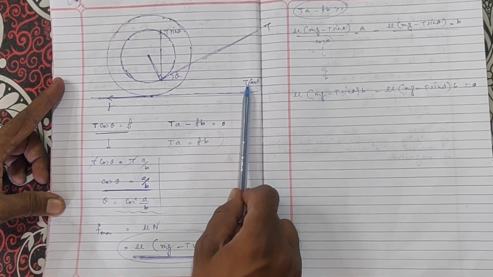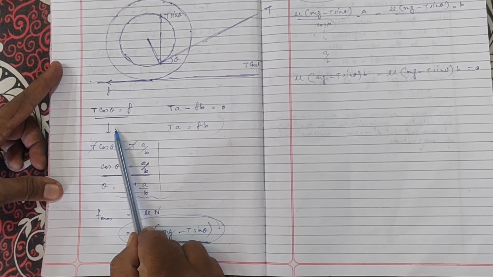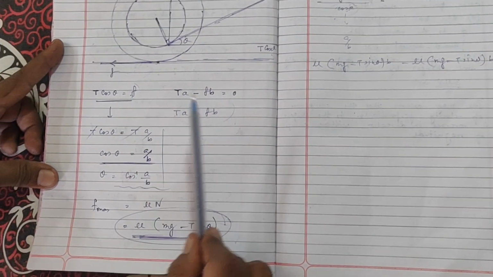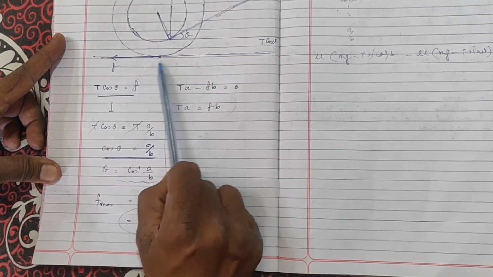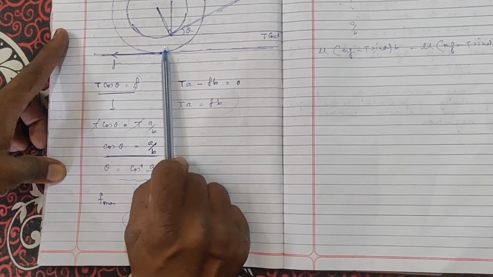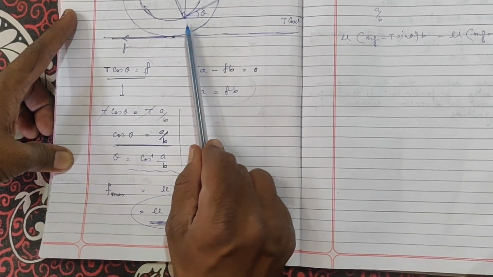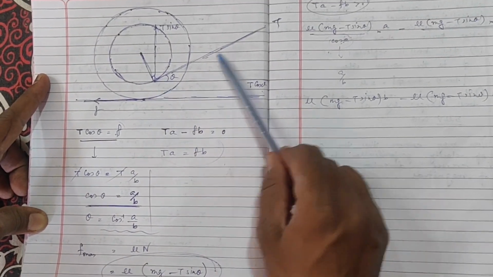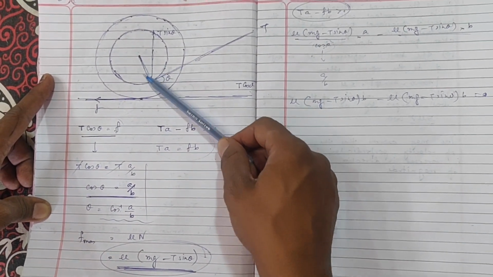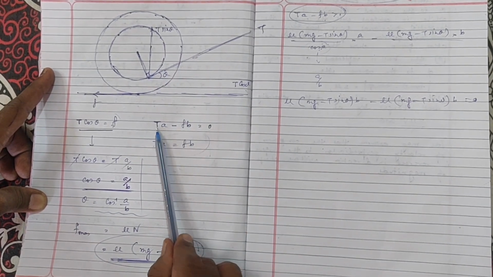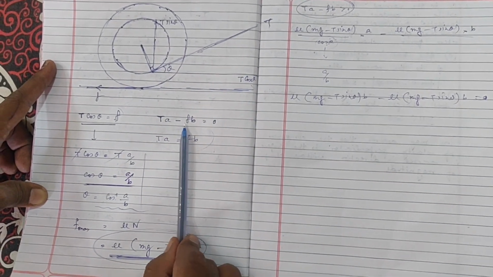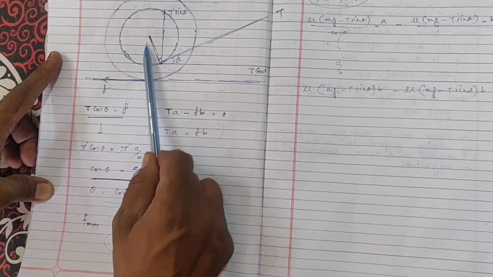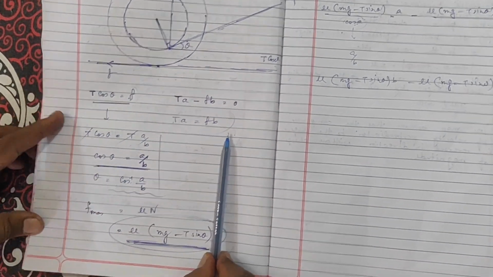So T cos theta must be balanced by frictional force, and at that instant the torque should be 0. So torque due to T, but T is acting at right angle with radius a. So TA must balance by FB. So TA equal to FB.